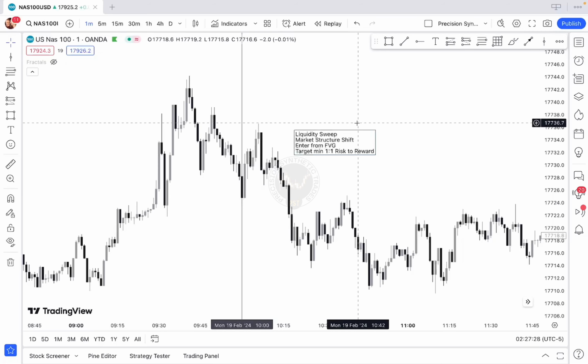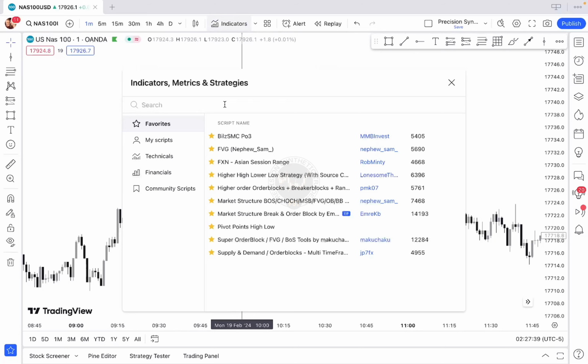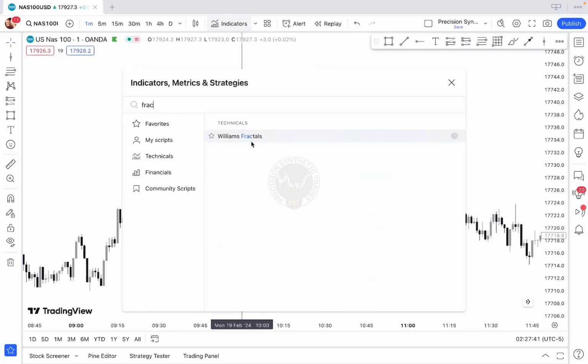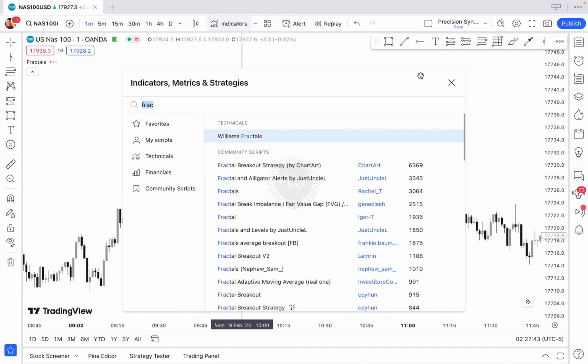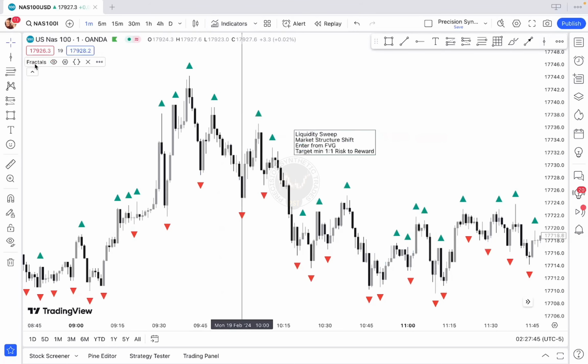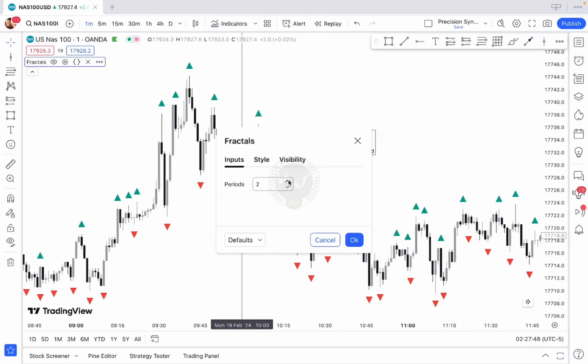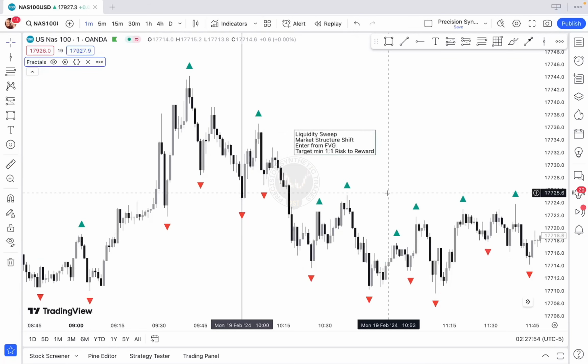So the first thing you want to do for this strategy, to make it a little bit easier for yourself, I want you to go to indicators, just type in fractals, Williams fractals, and it will be on your chart. Go to the settings, just make it around 5, 6. Okay, and as you can see, there we go.